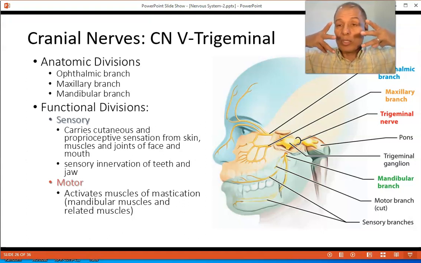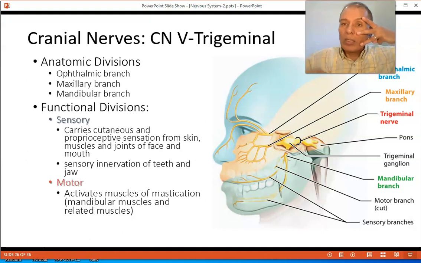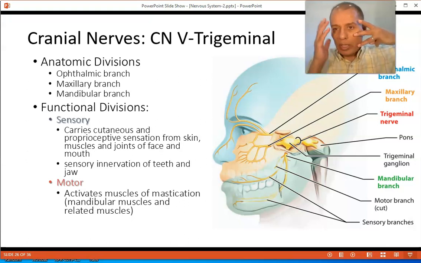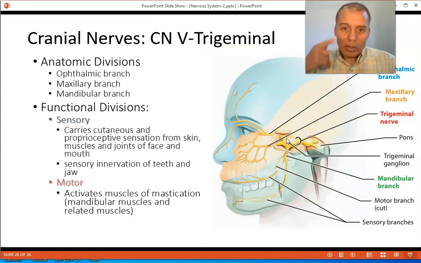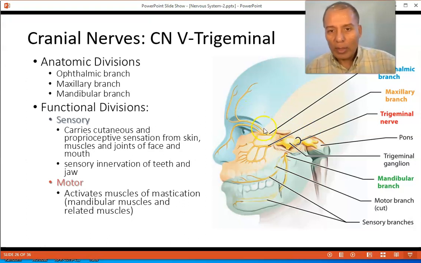In other words, if one is paralyzed, the other may not be. So the trigeminal has 3 branches. One goes to the forehead and around the eyes and the nose. The other one goes to the maxilla, and the other one goes to the jaw.